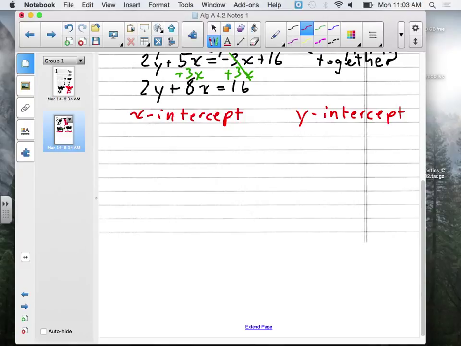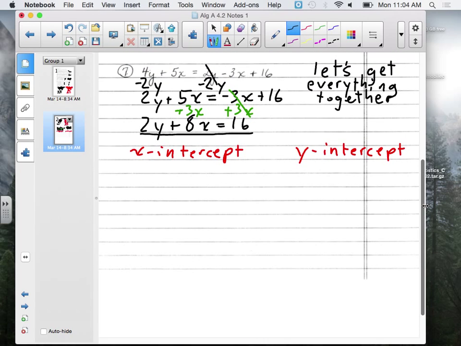Okay, let's let them try this one on their own. So our equation is right there, 2y plus 8x equals 16. Could you scroll up just a tiny bit? Yeah, I need to see this. Let's get the equation here first.